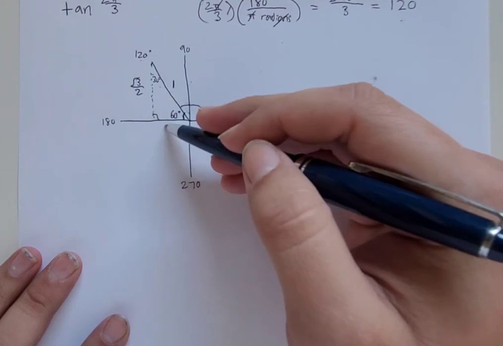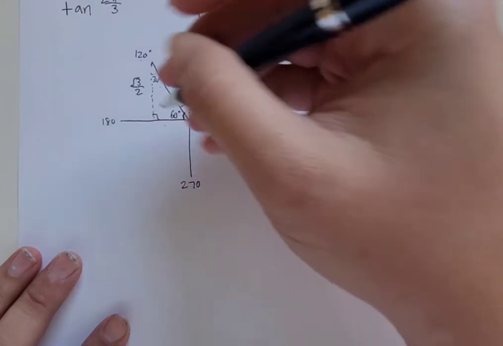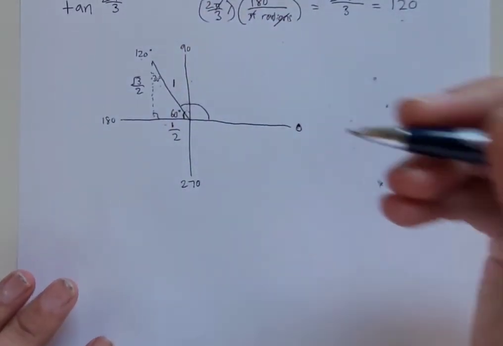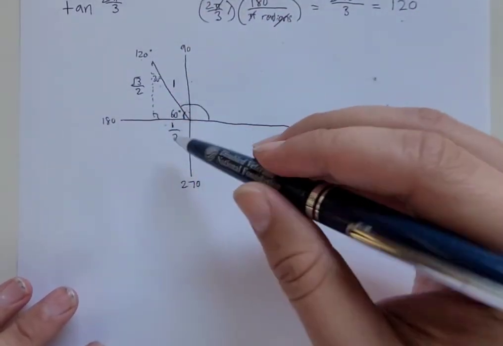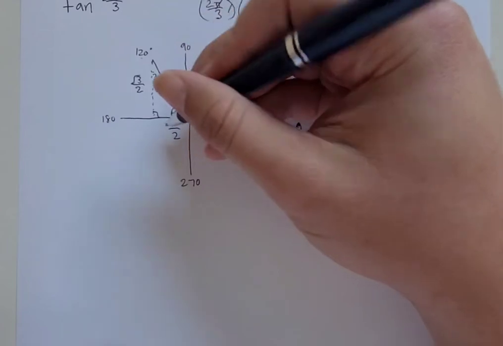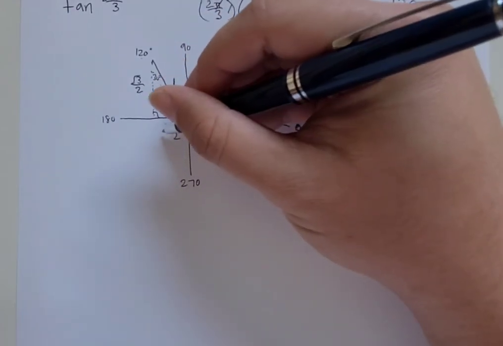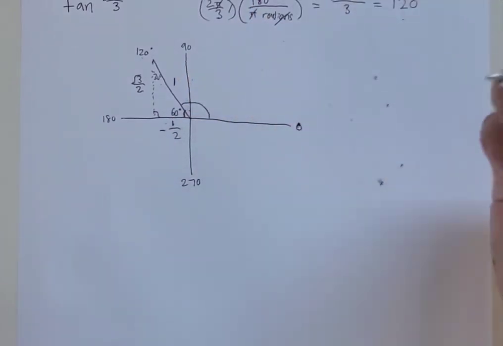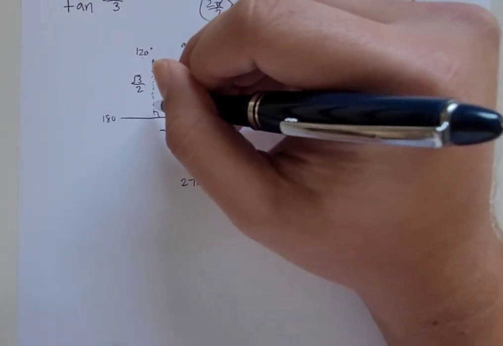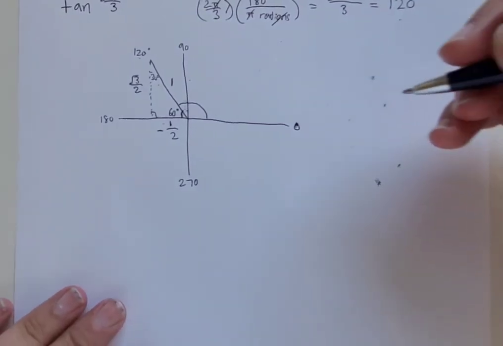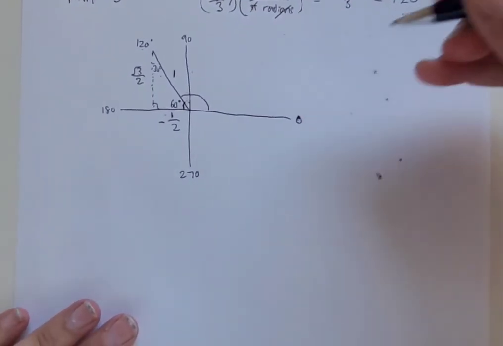So every side length across from 30 degrees, if we remember, is going to be 1/2. And then I'm in quadrant 2, so I need to be careful of my signs. So because I'm traveling left on the x-axis, I'm going to have negative 1/2 for that side length. But I am traveling up on the y-axis, so my radical 3 over 2 is going to stay positive.